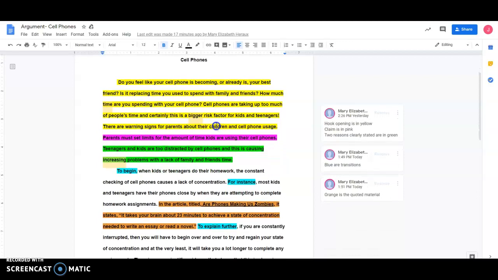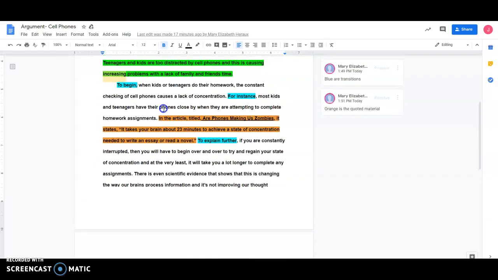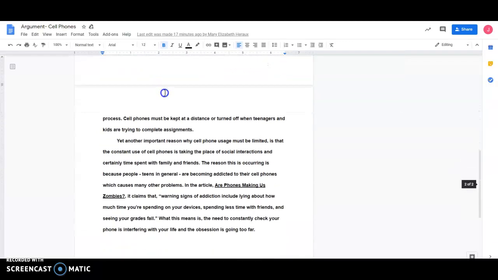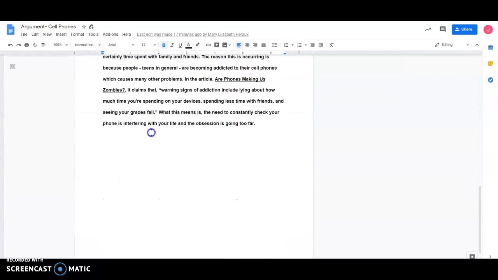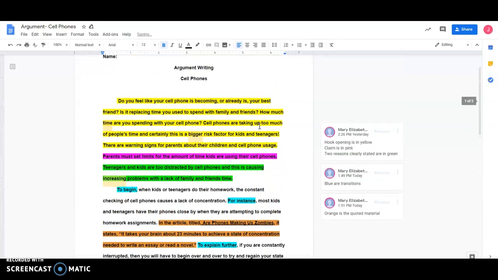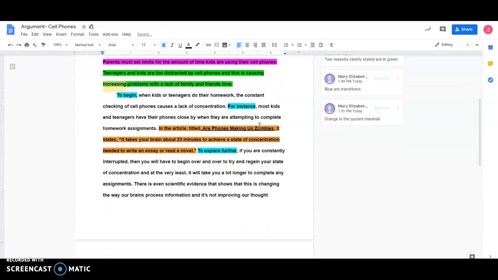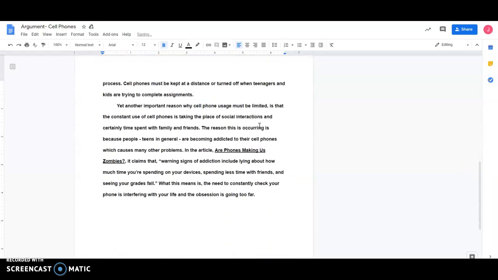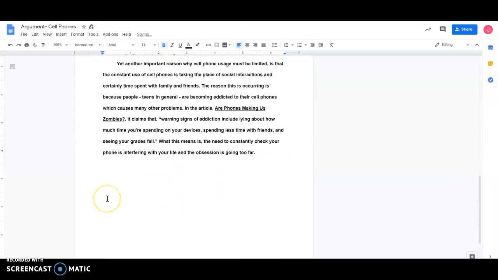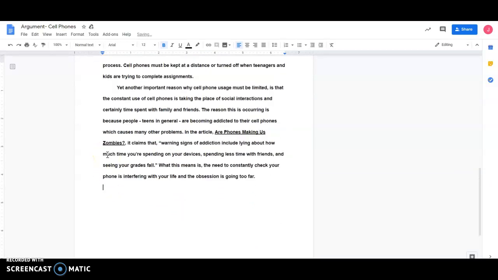Here she has paragraph one, paragraph two, paragraph three, and you will be responsible for writing a fourth paragraph, the conclusion paragraph. So she has an introduction, body paragraph one, body paragraph two, and then again, you will write the fourth paragraph, which is the conclusion paragraph.